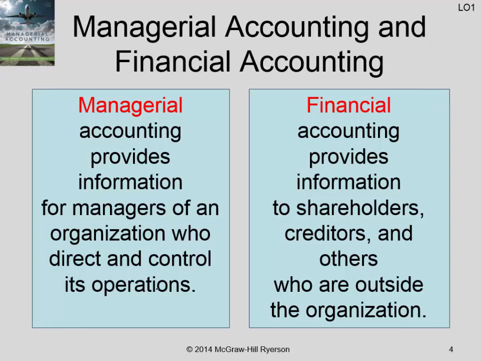So we touched a little bit on the differences between management accounting and financial accounting. Management accounting provides information for managers of an organization who are essentially internal, so they will direct and control the operations, as opposed to financial accounting being focused on people outside the organization.